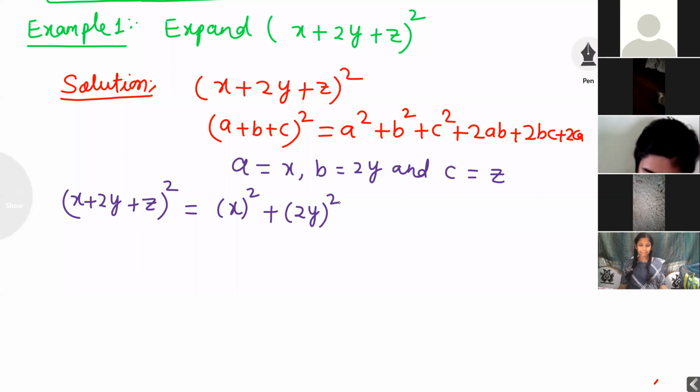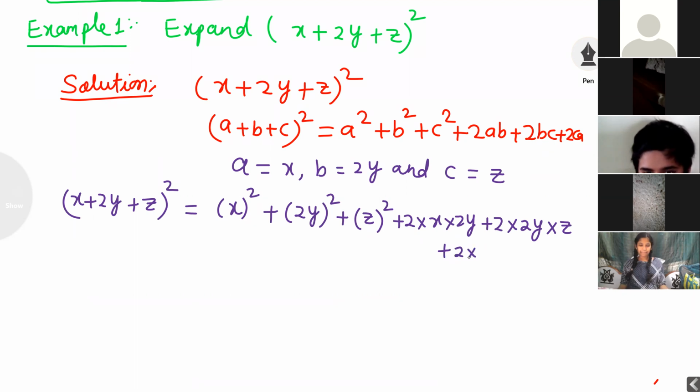That's why if you want to find the square of that term, always write in the brackets. Plus c square means z square, plus 2ab, 2 into the value of a is x, the value of b is 2y, plus 2bc, the value of b is 2y, the value of c is z, plus 2ca, the value of c is z, the value of a is x.